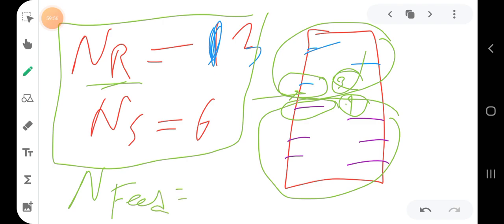This is the FUG correlation: Fenske, Underwood, Gilliland. Again, Fenske is used to determine the minimum number of stages, Underwood is used to determine the minimum reflux ratio, and Gilliland is used to determine the theoretical number of stages. This is an approximate solution using numerical correlations to get the total number of stages.